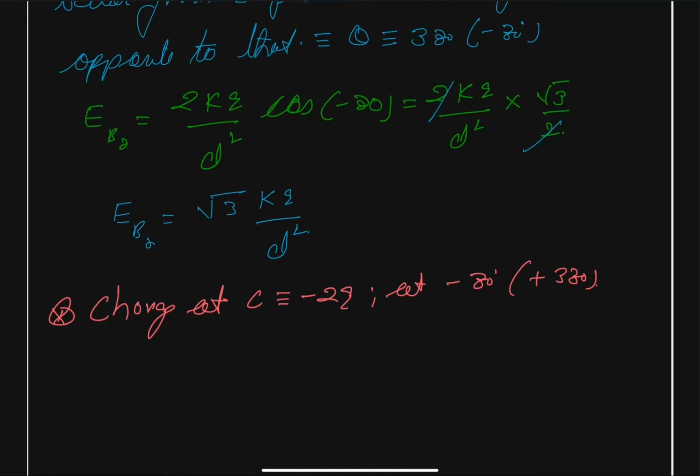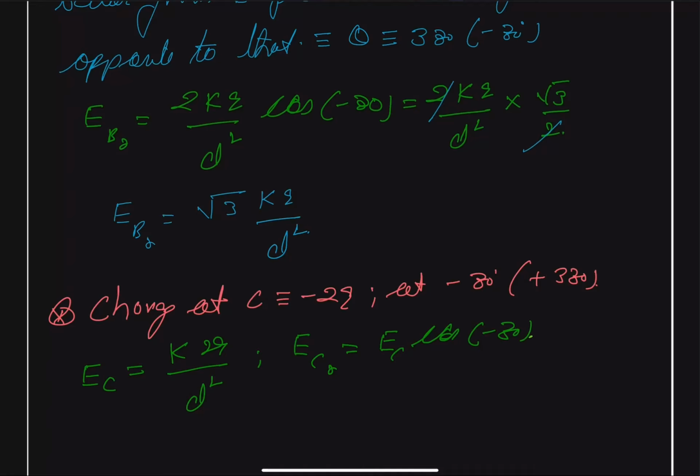The electric field at C will be equal to k 2q divided by d square, and its x component ECX will be equal to EC cos of minus 30.